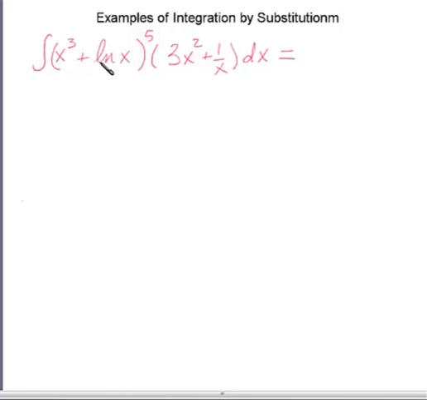When I see a function like this, an expression like parentheses, something to a power, I know I can see that as a composition of functions. So here's my composition. I'll just abbreviate that as COMP. Now that's a composition of functions. The outer function would be raising to the 5th power. The inner function would be x cubed plus log x.